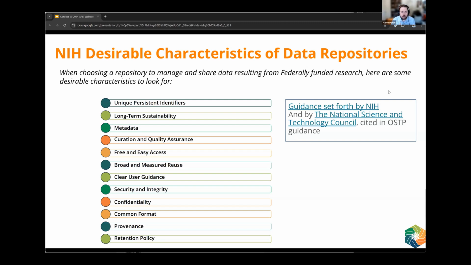You want it to have unique persistent identifiers. You want it to have long-term sustainability. You want to know that repository will be up and your data will remain available for as long as possible. Have high quality metadata. Assist with curation and quality assurance so that you know that this repository is only having good, well-structured data, no spam, that kind of stuff.